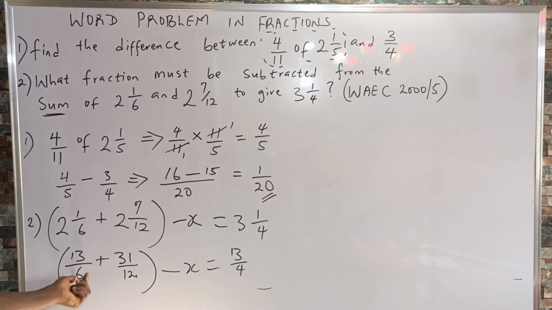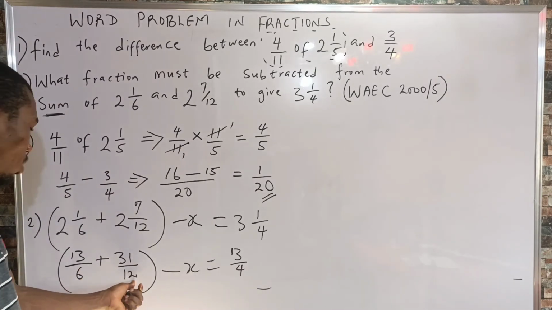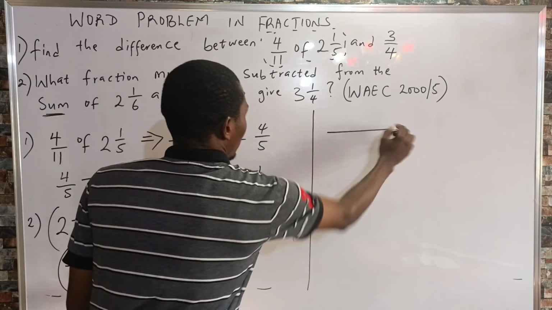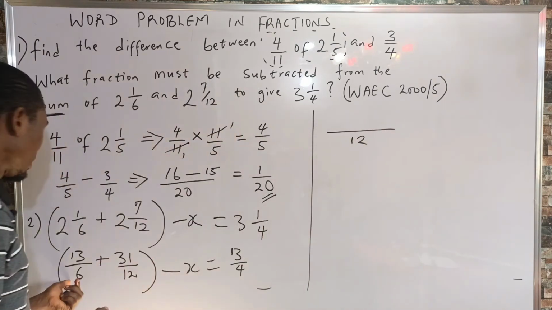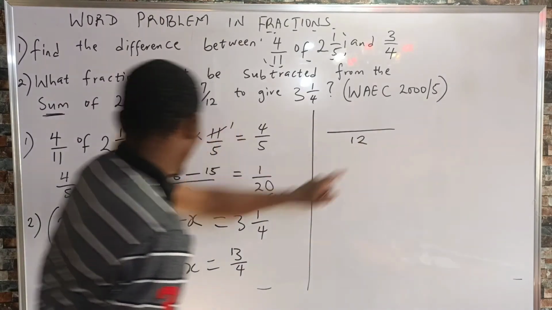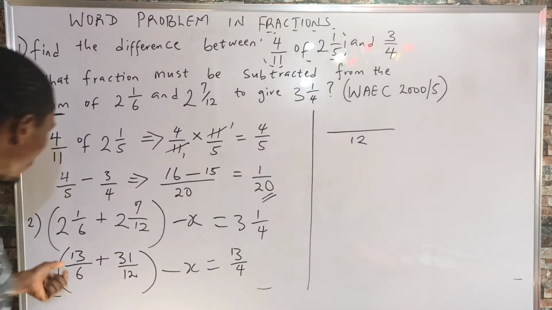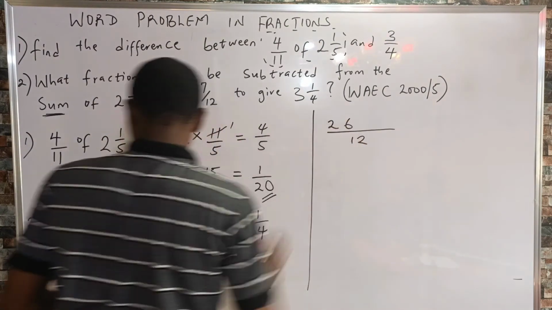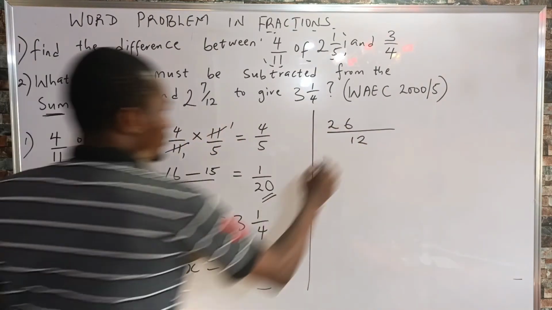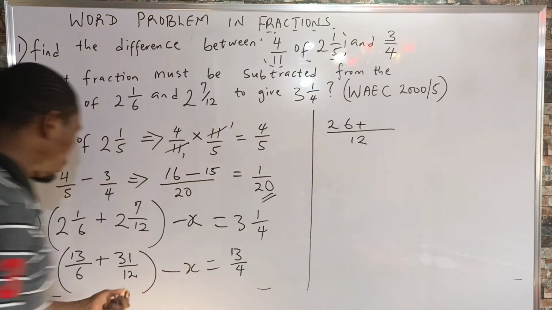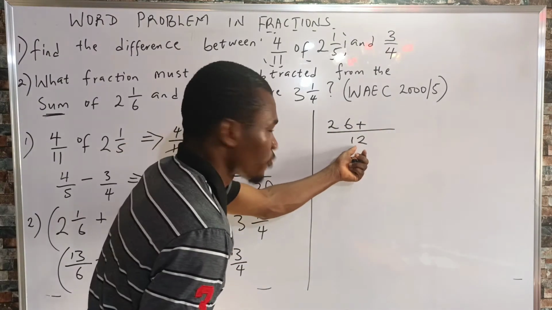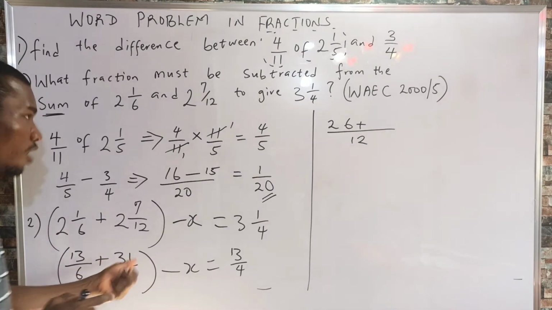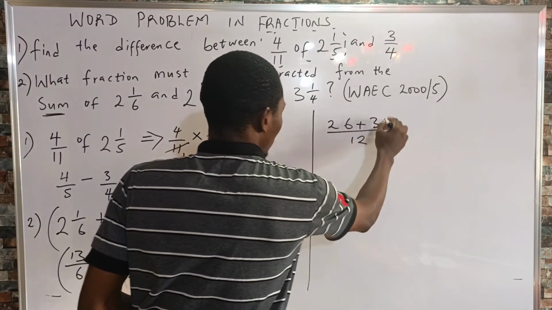Remember, the LCM of 6 and 12 is 12, such that we find their LCM as 12. Then 12 divided by 6 will give us 2, and 2 multiplied by 13 will give us 26. Then we put our addition sign. Then 12 divided by 12 will be 1, and 1 multiplied by 31 will still be 31.